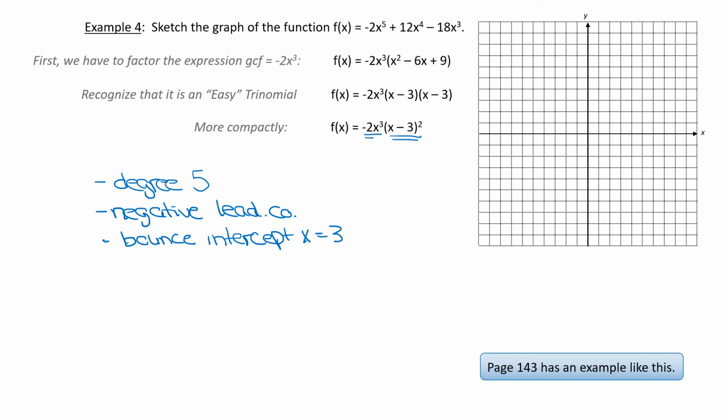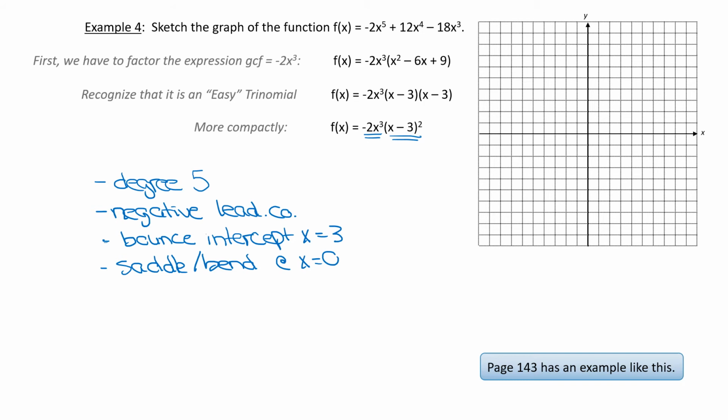My first factor is cubed, so it's going to be a saddle or bend intercept at x equals 0.